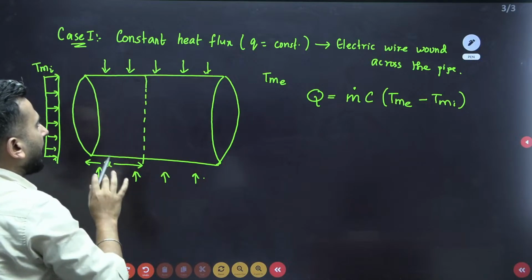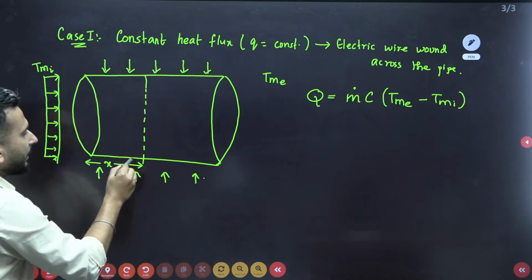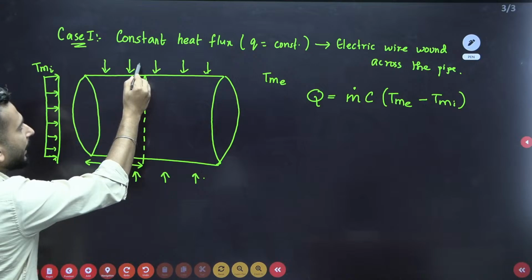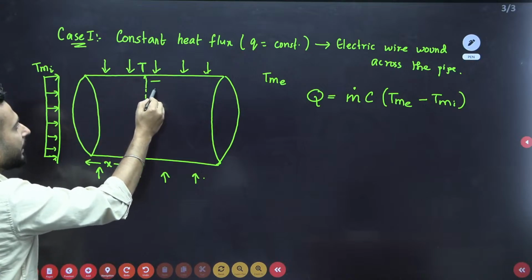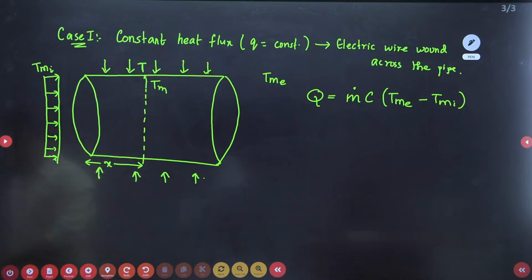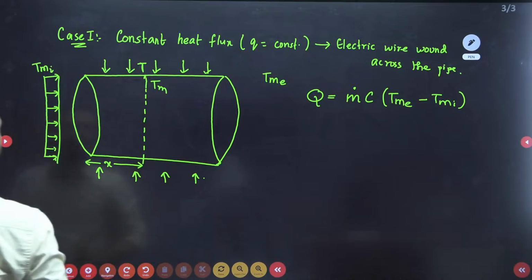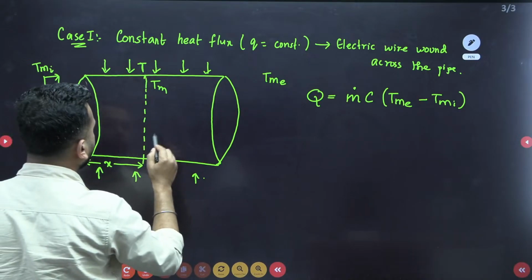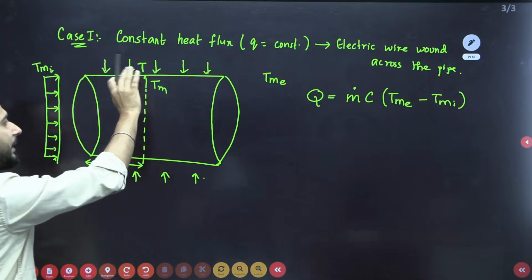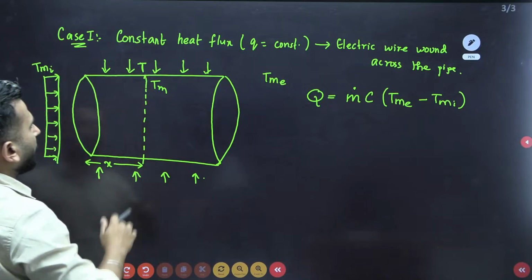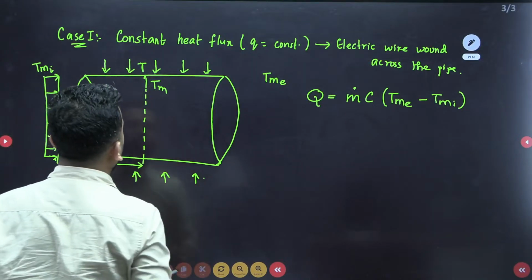Okay. Now at a particular distance x, I am assuming that the mean temperature of the fluid is Tm. Okay, very good. As of now, I am keeping Ts out of the equation. I am assuming Tm is the mean temperature of the fluid.